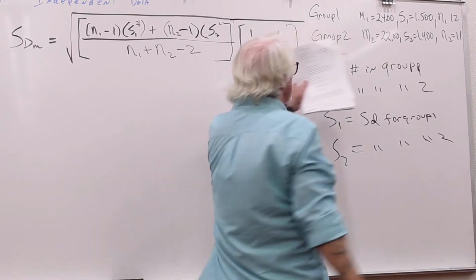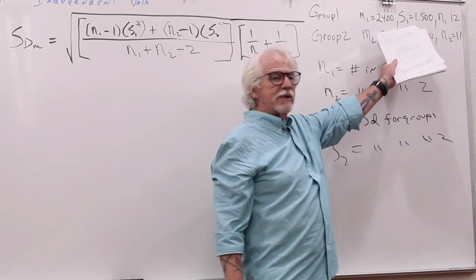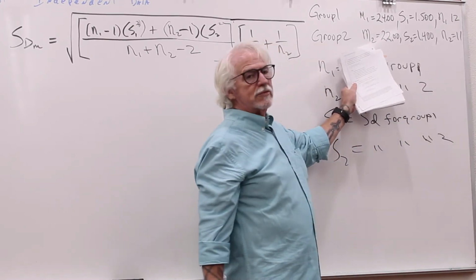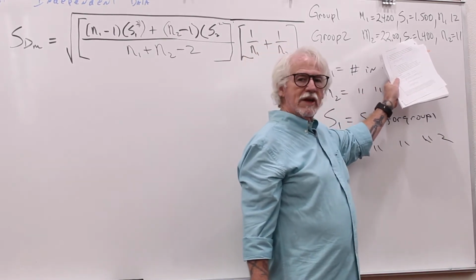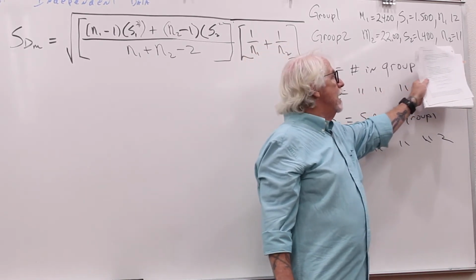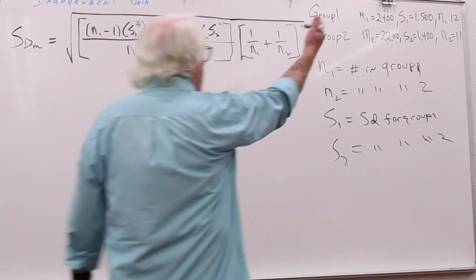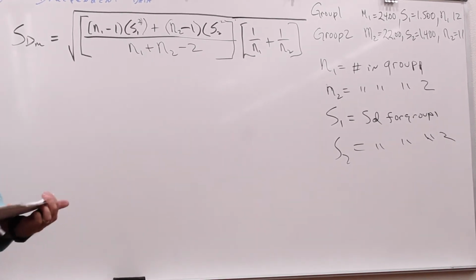All right, so here we go. Group 1, the mean is 24, the standard deviation is 1.5, N is 12, and for group 2, mean 2 is 22, the standard deviation is 1.4, and N is equal to 11. Once you have all that, we just do what we've been doing all along, right?